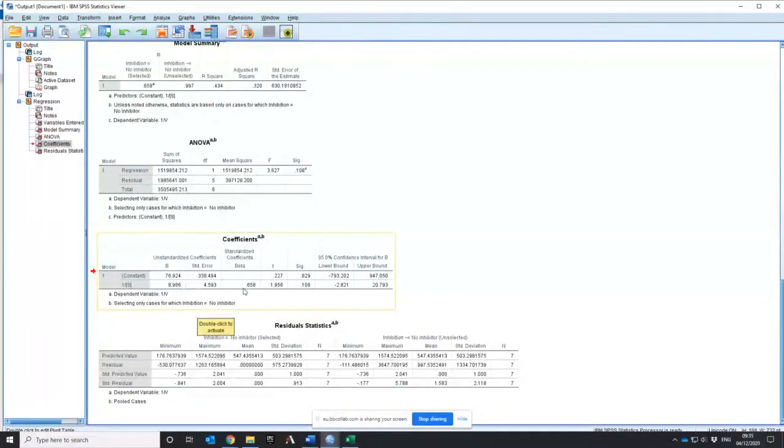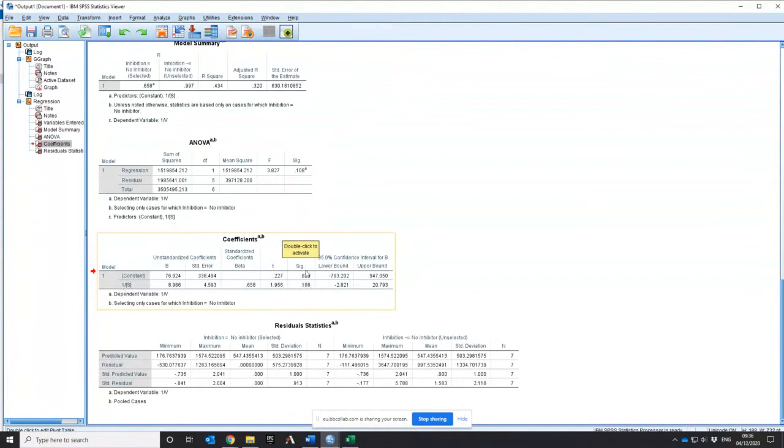But if you look along from here, there are some more sig values that you should look at. The sig value for the constant is awful, just terrible, nowhere near 0.05. For the gradient it's closer to 0.05, and it's exactly the same number as the sig from the ANOVA table, and this will always be true.